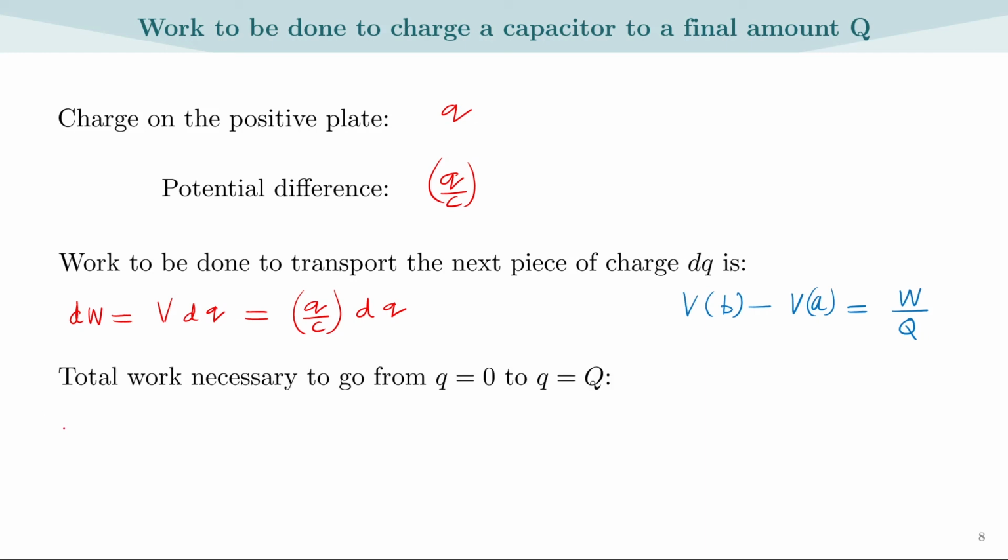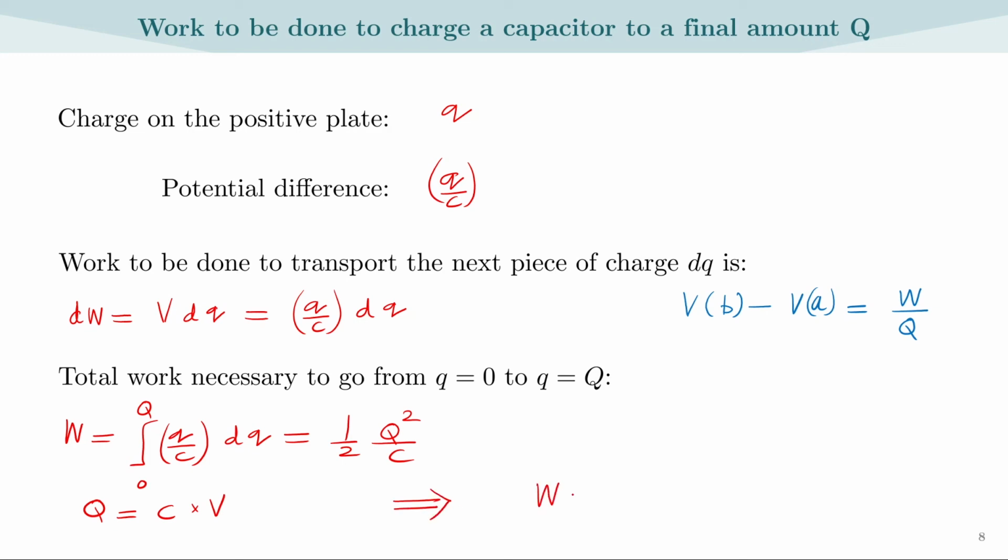Now, the total work necessary to go from Q equal to 0 to Q equal to capital Q is W equal to integral 0 to Q of Q over C times dq, and this is equal to 1 over 2 Q square over C. But we have Q equal to C times V, and therefore W equal to 1 by 2 times CV square.